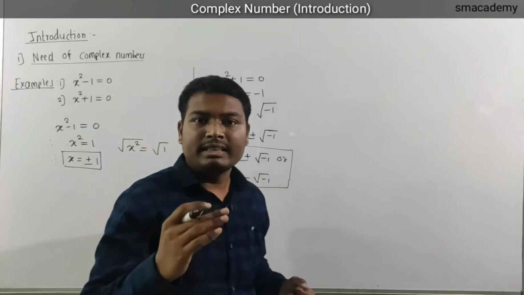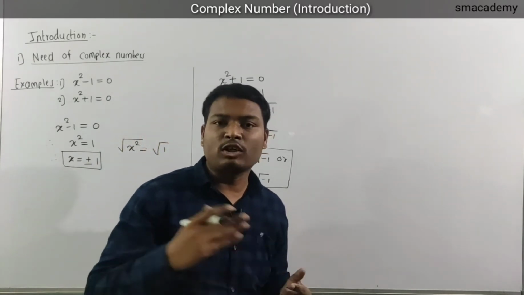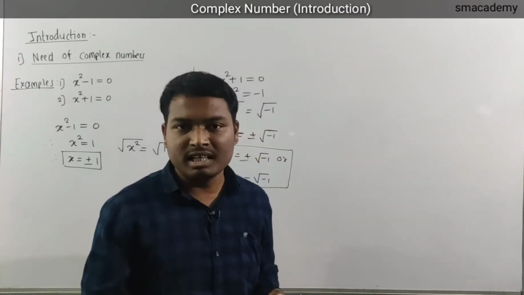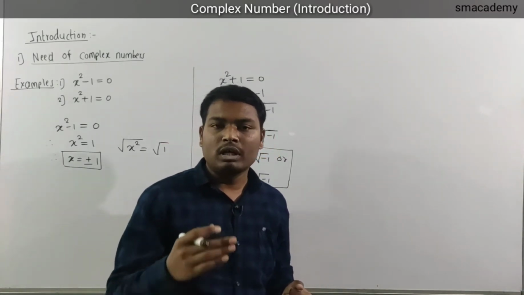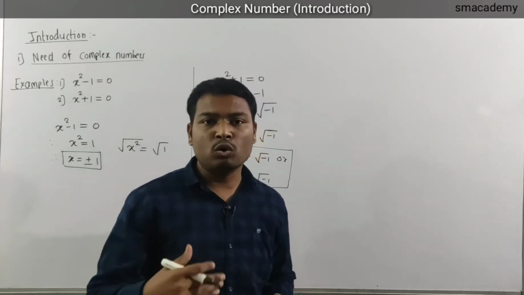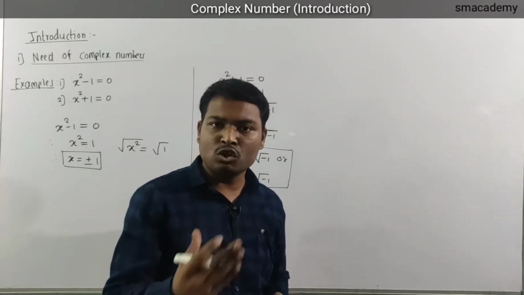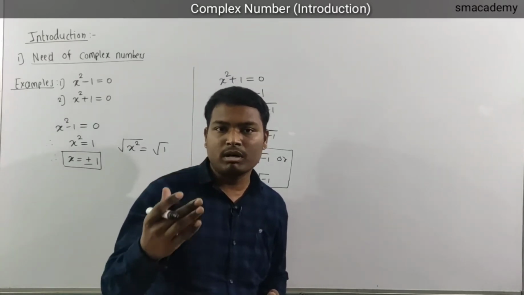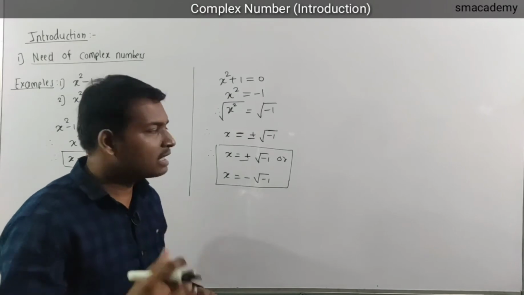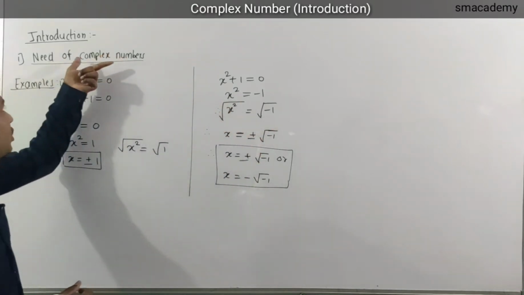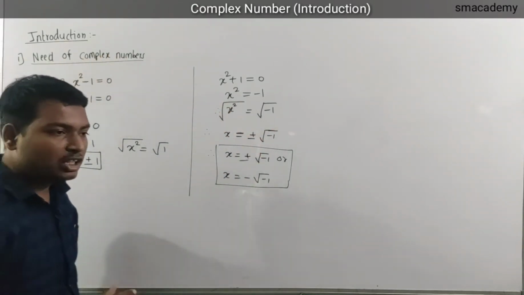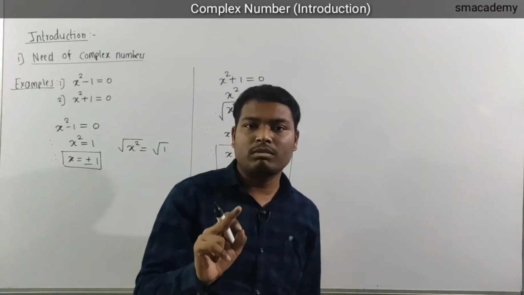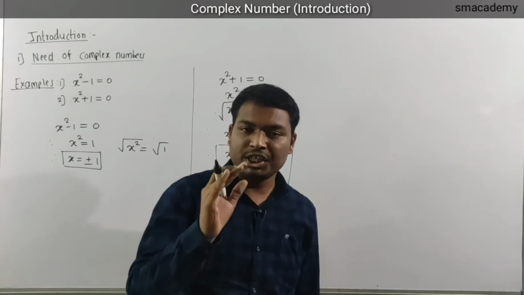Therefore there is a need to extend the set of real numbers. The Swiss mathematician Leonhard Euler, 1707 to 1783, introduced a new type of set of numbers called the set of complex numbers. The set of complex numbers depends on only one number called iota.